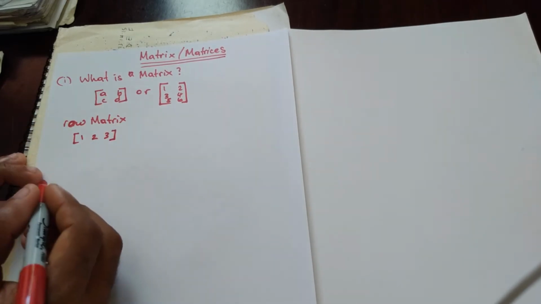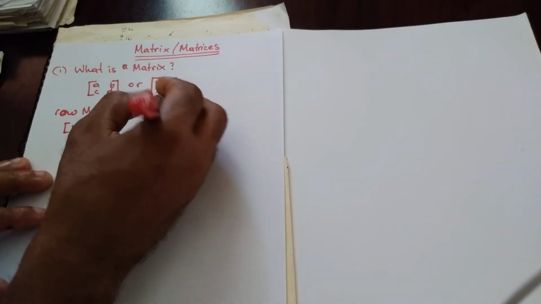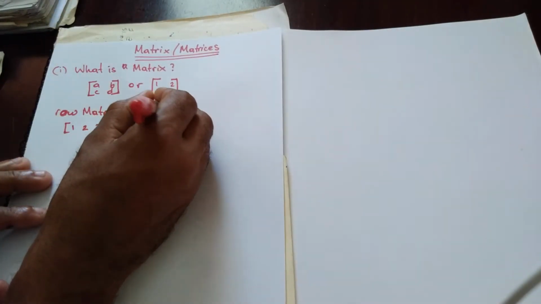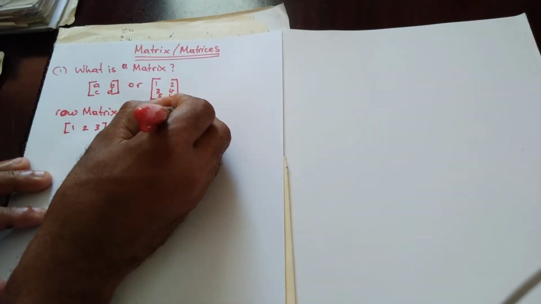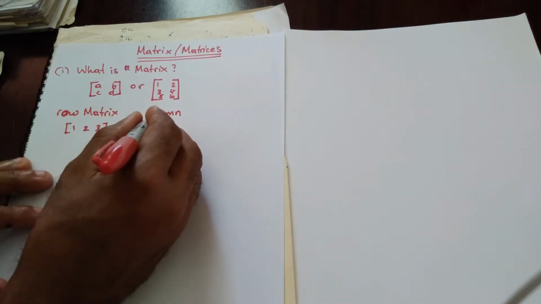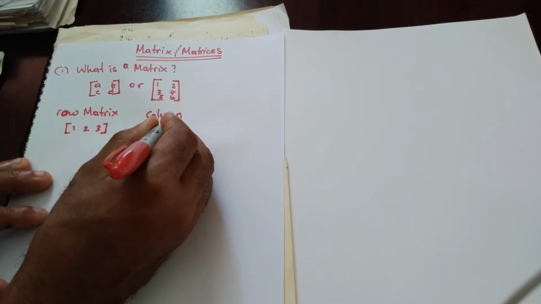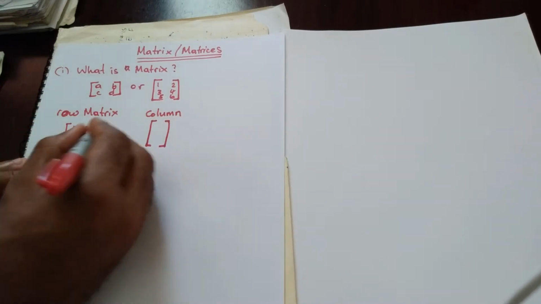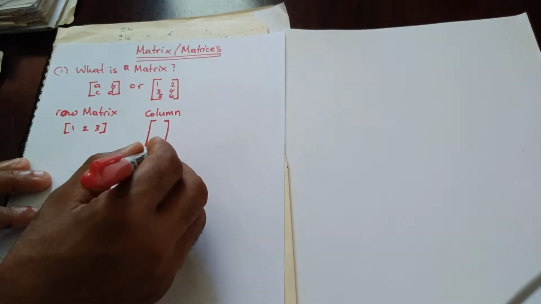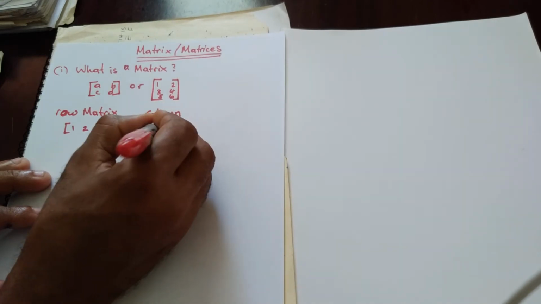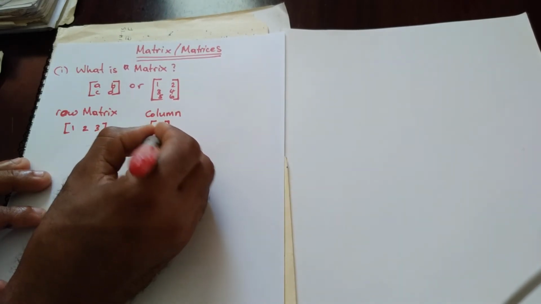The next thing is a column matrix. So just as they suggest, it looks like a column. With a row matrix, it looks like a row. With a column matrix, it looks like a column. So let's say we have 1, 2, 3.